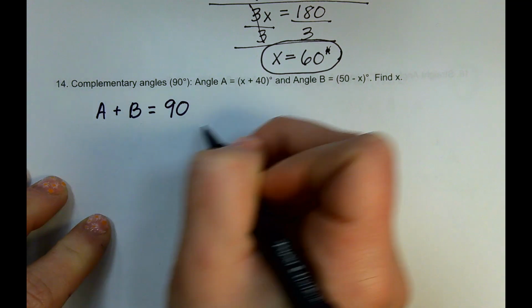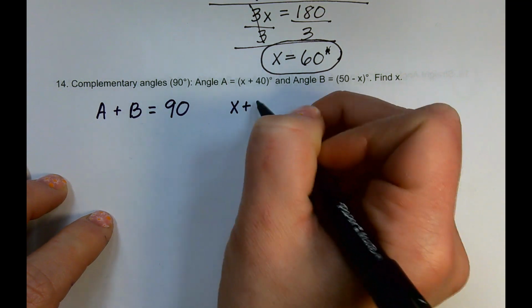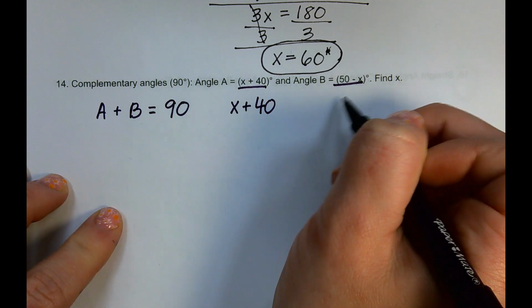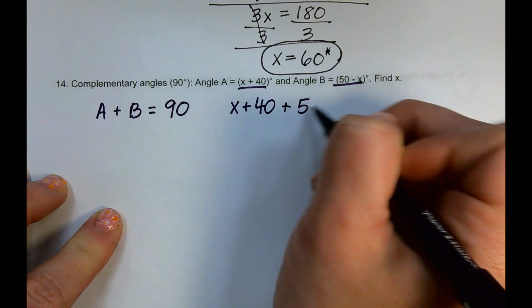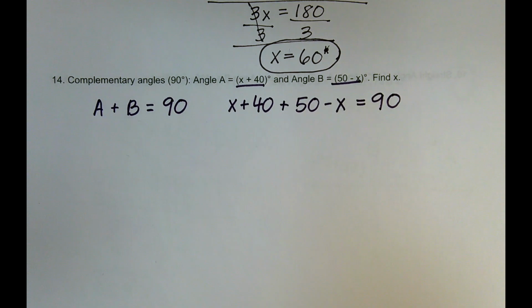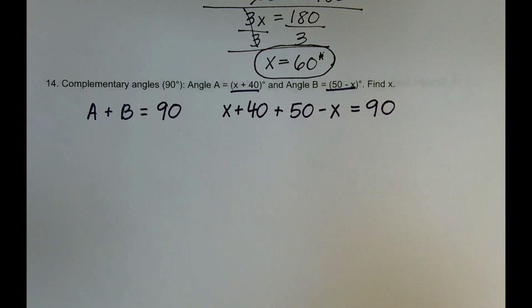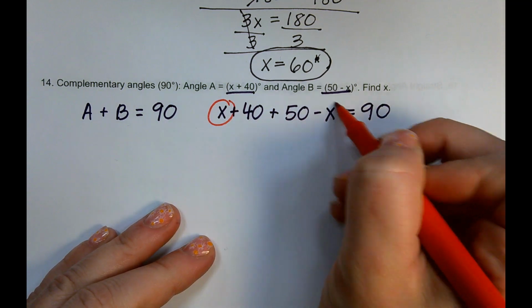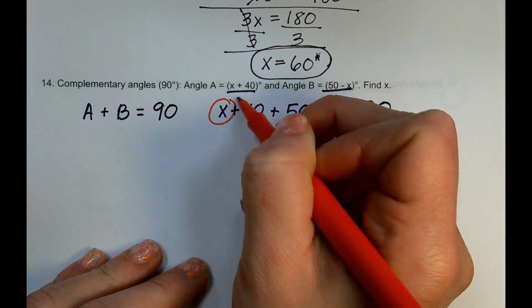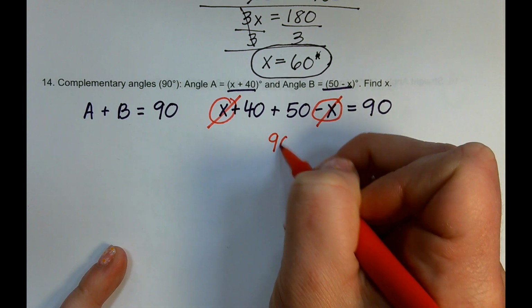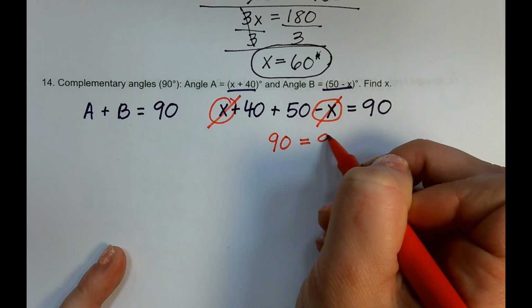Instead of A, X plus 40, and angle B is 50 minus X. So X plus 40 plus 50 minus X equals 90. As you can see, positive X and minus X cancel. 40 plus 50 is 90, and 90 equals 90.